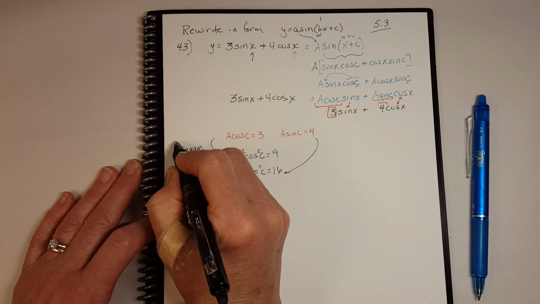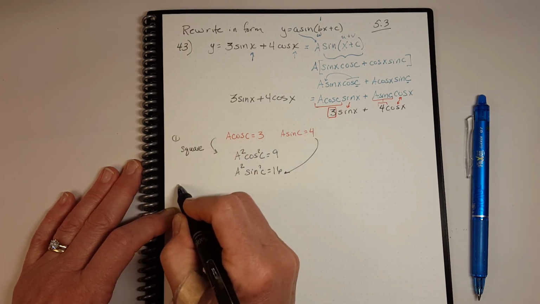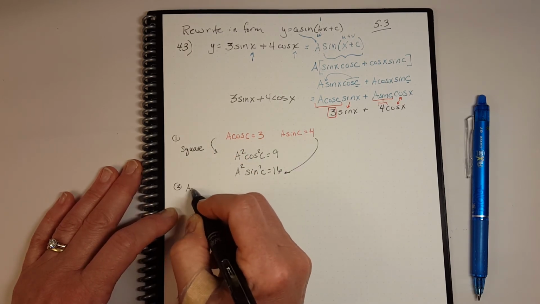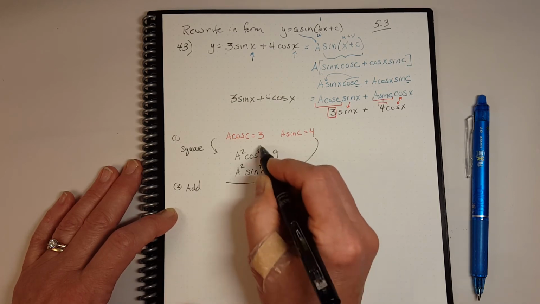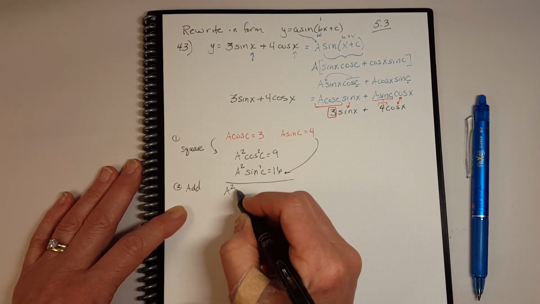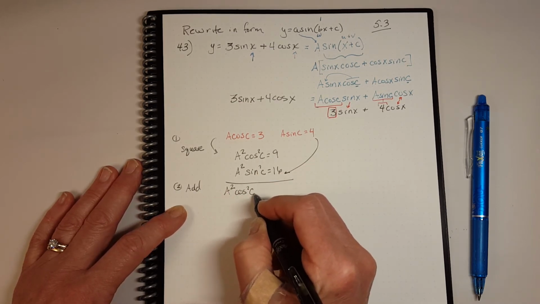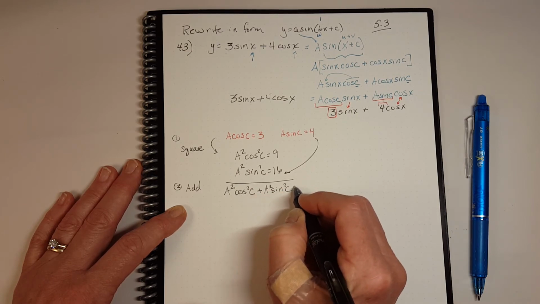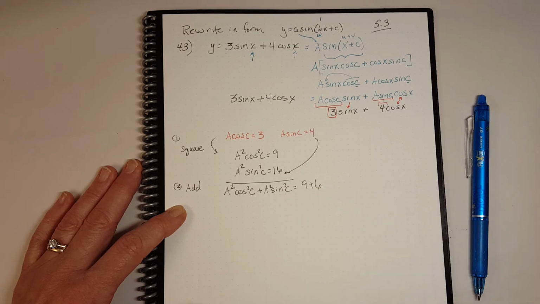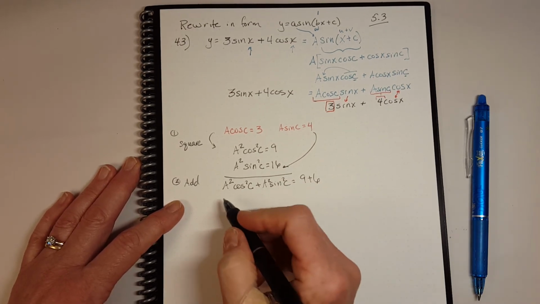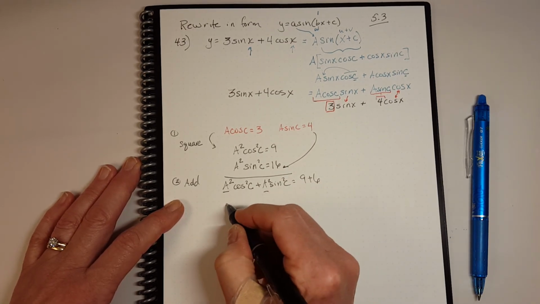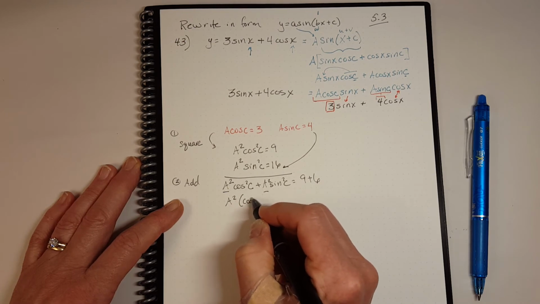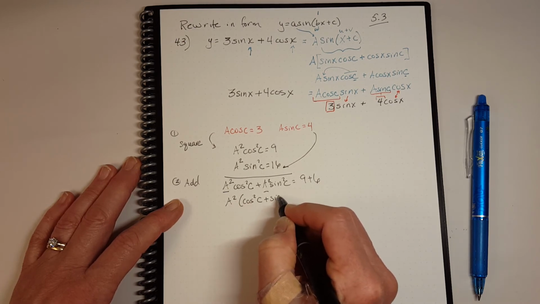Okay, so that's the next step, right? And then the next one we're going to do is we're going to add these 2 equations. So if I add these 2 equations, I get a squared cosine squared c plus a squared sine squared c is equal to 9 plus 16. There's an a squared in both of these, and I see a Pythagorean identity inside here.